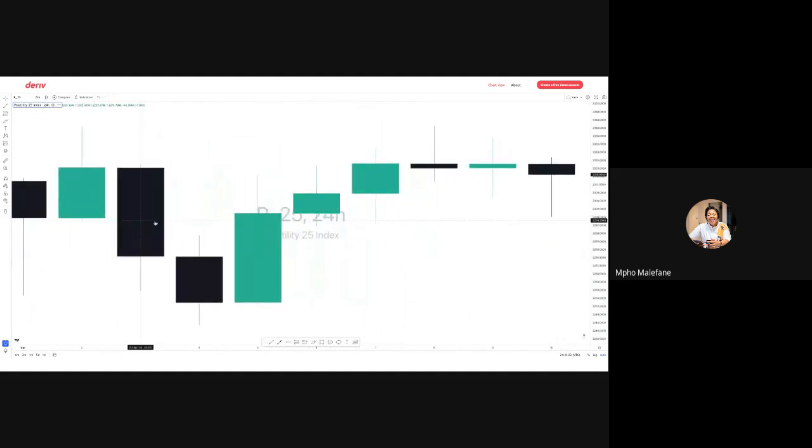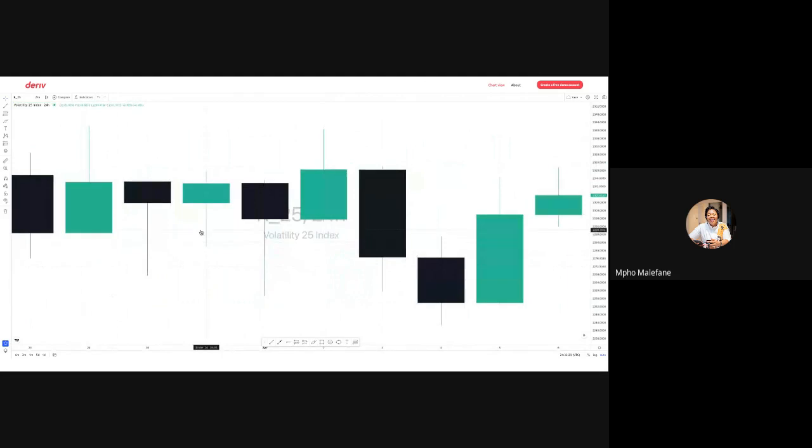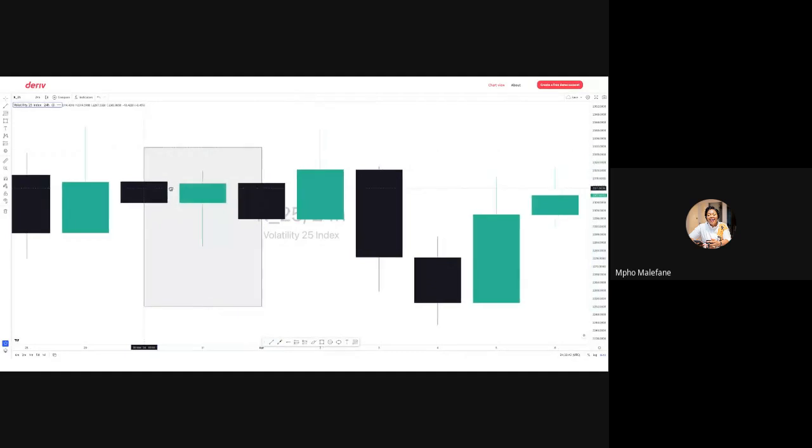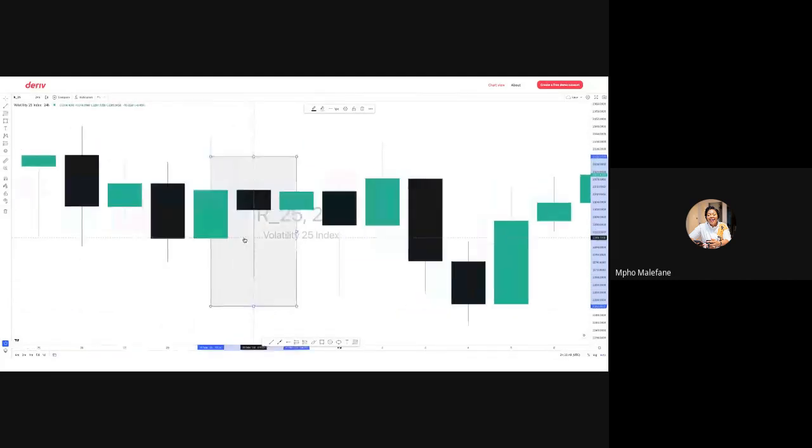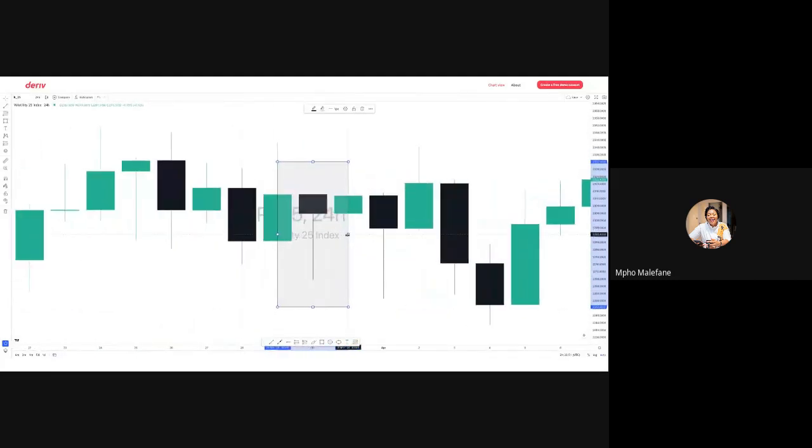Okay. Let's say we are dealing with these two. I don't know that. We have types of candlestick.